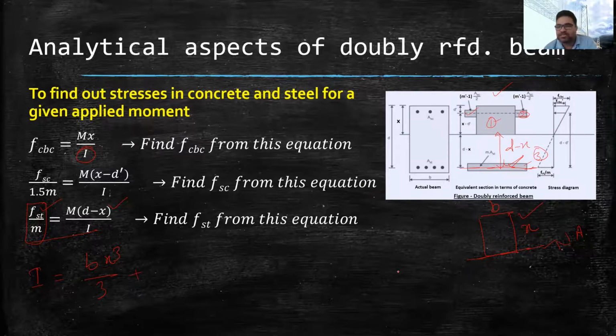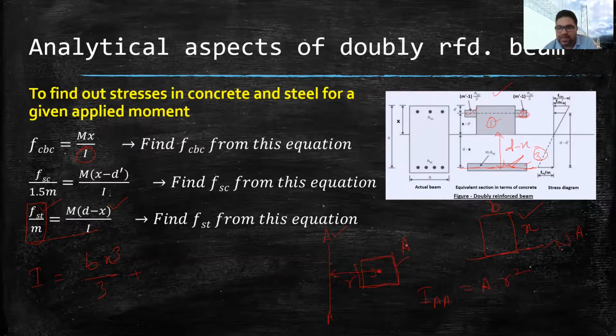Similarly, we have to find the moment of inertia of the other areas also. I hope you understand that moment of inertia is the second moment of area. For example, if I have to find the moment of inertia of any area about an axis, say axis AA, and the area is here, the CG of this area will be here, and the distance between this CG and the axis I am writing as R. The area of this shape I am writing as A. So the moment of inertia about AA will be A into R square.